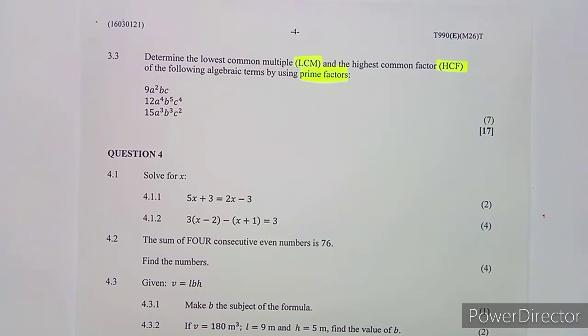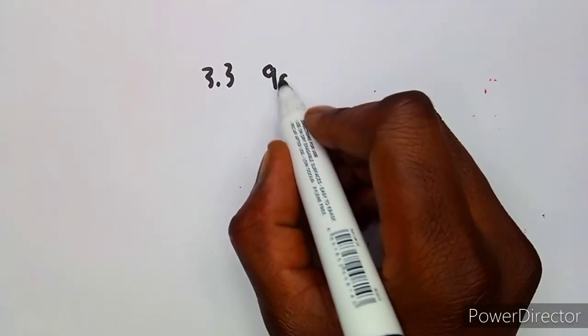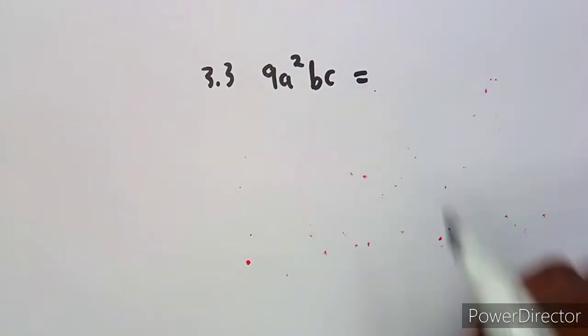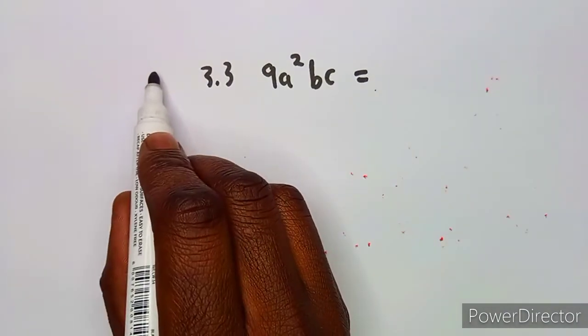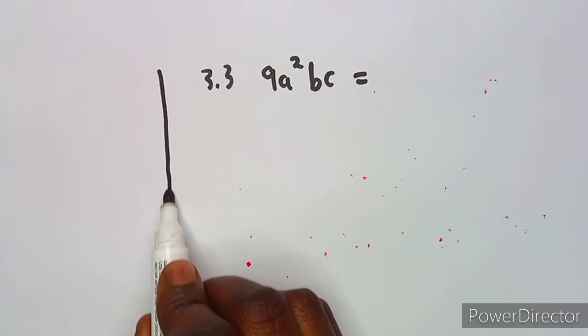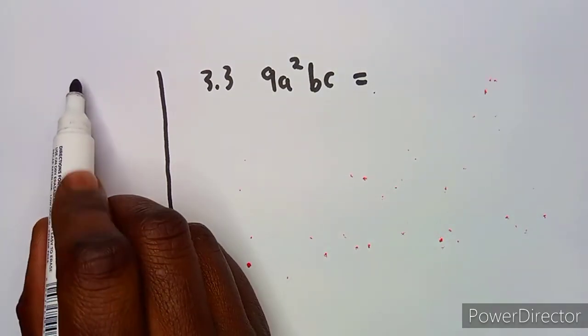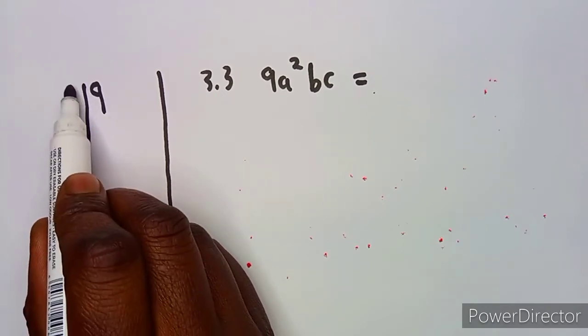Let's just write our numbers here. We've got 9a squared bc. All right, so let's start with this part here. If you are to write this 9, you are going to note that if you multiply 3 and 3, you're going to obtain 9. Or you can actually use this concept here.